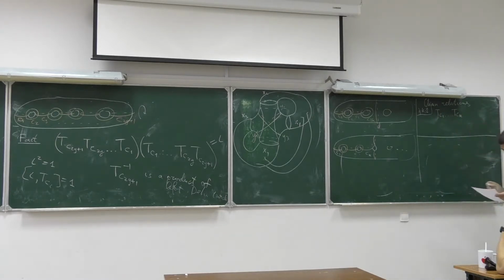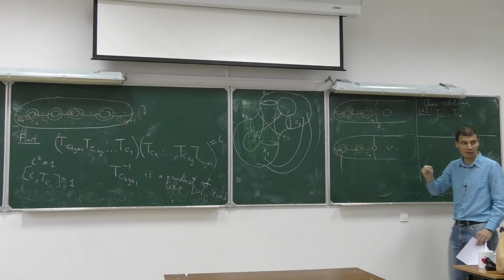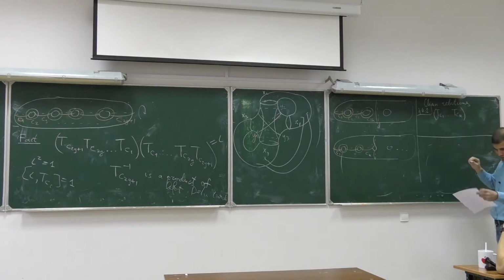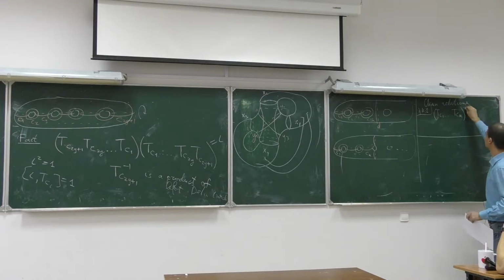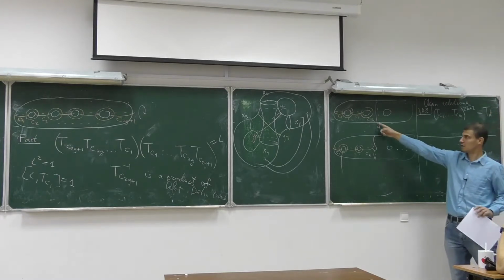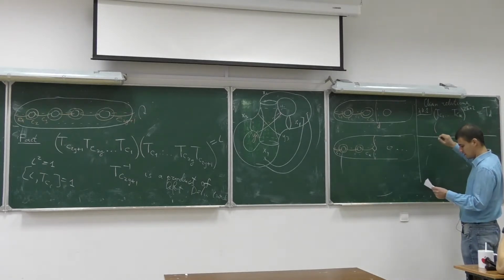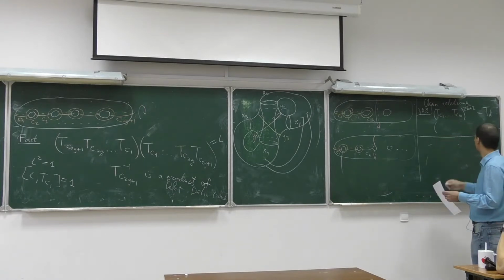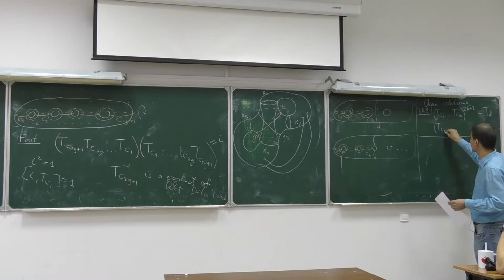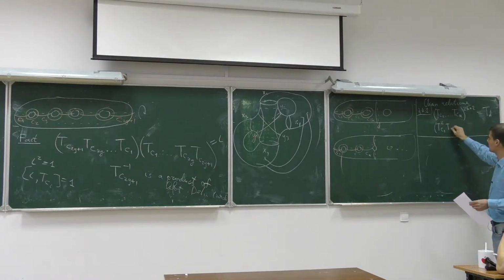First of all, if we take the product of all these Dehn twists from T_{C1} to T_{Ck}, and we take this element to the power 2k plus 2, then this is the twist about the boundary curve, this separating curve. Second, there is another funny relation.